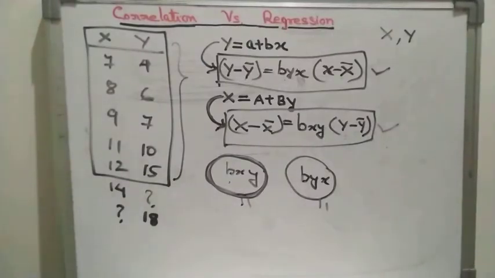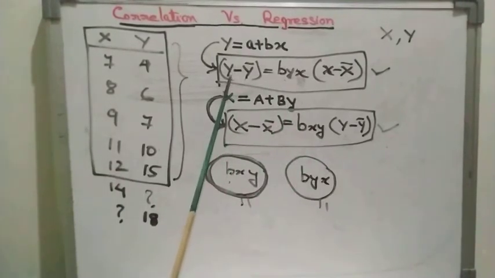Sometimes they ask you to find the regression equation y on x, only one equation, or sometimes they ask to find the two regression equations from the following data. So you need to write the regression equation and then find the values with the help of the data. The formula is there.